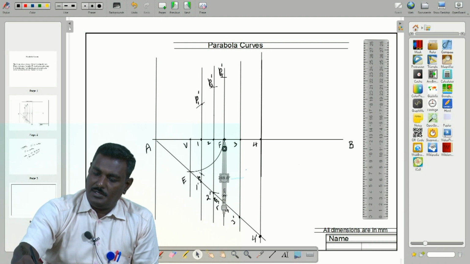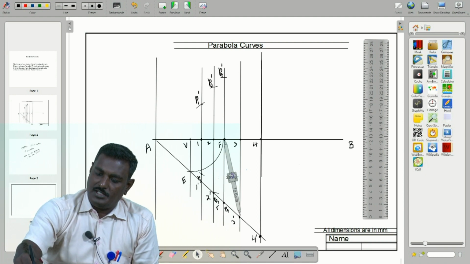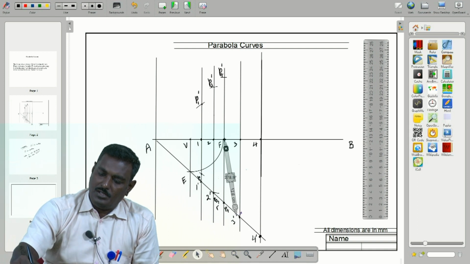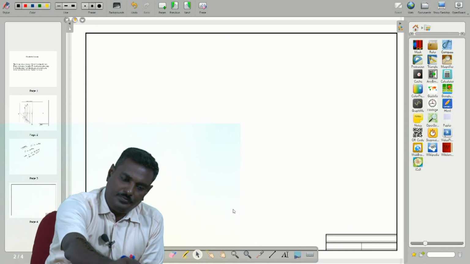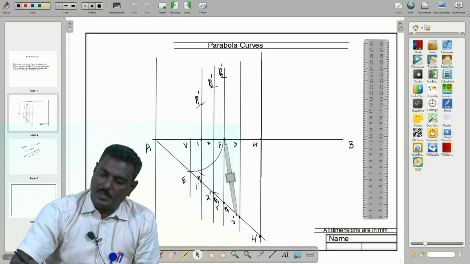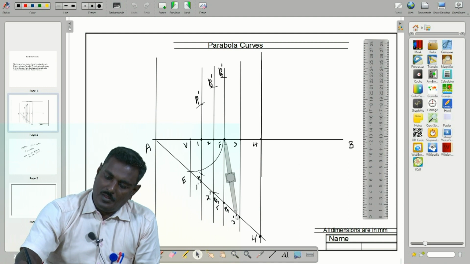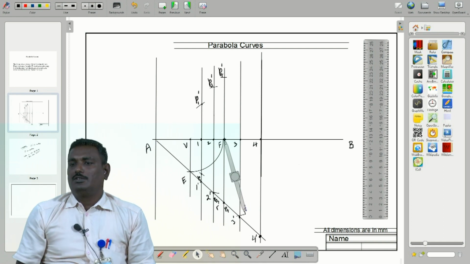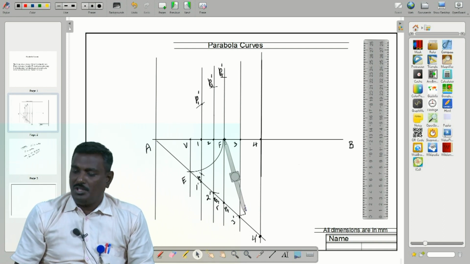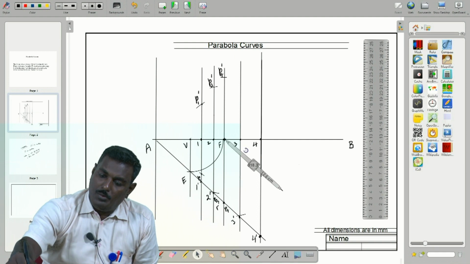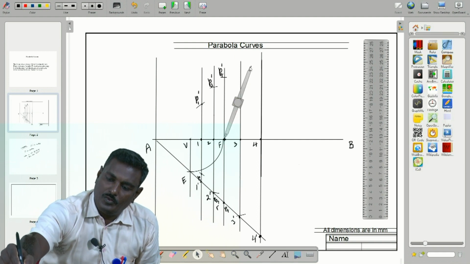Make an arc to intersect a line from point 3, below and above on both sides.